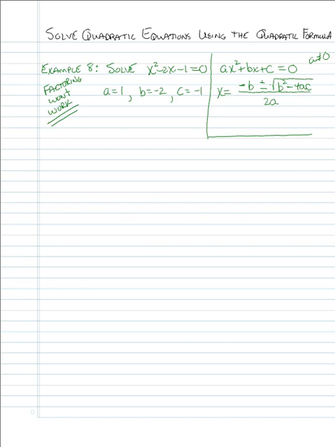So what we do next, of course, let me move down here where I have more room. We simply substitute those values into the formula. So we say the opposite of b, and I like to put little parentheses where I'm going to put my b value. So that's the opposite of -2 plus or minus a square root.